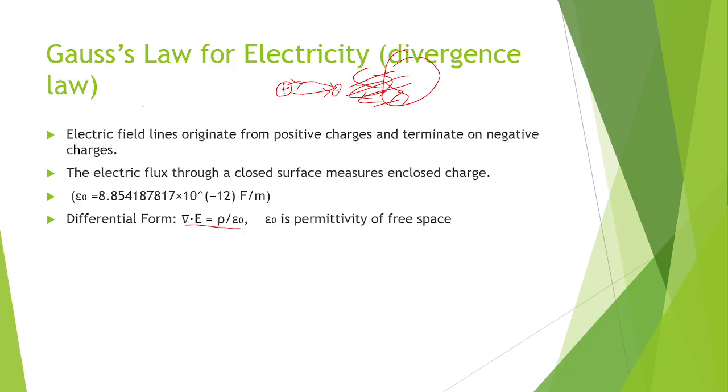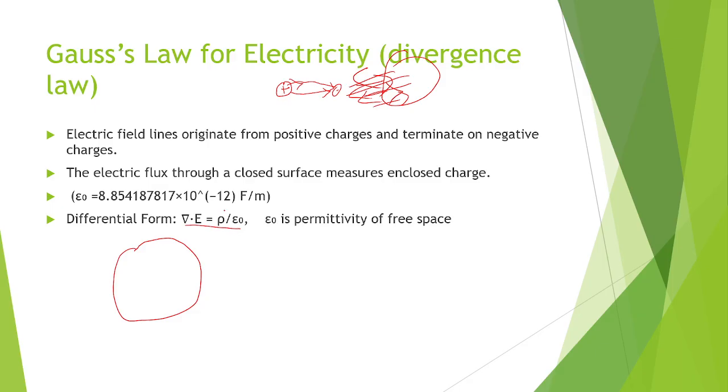But if someone draws a closed surface or closed path in an electric field, what they will get is either zero or something.